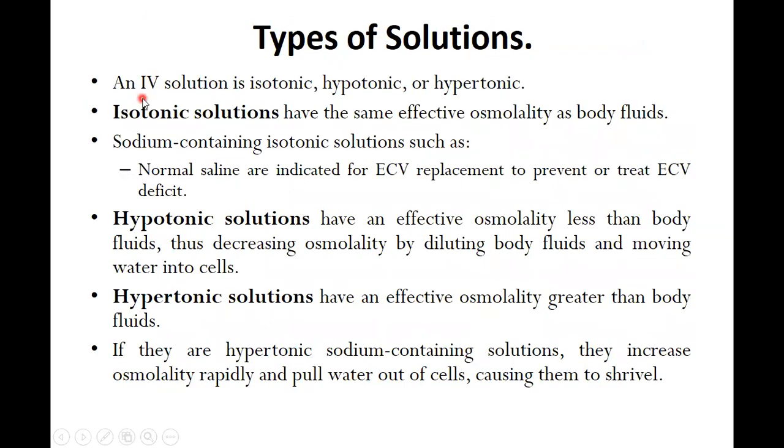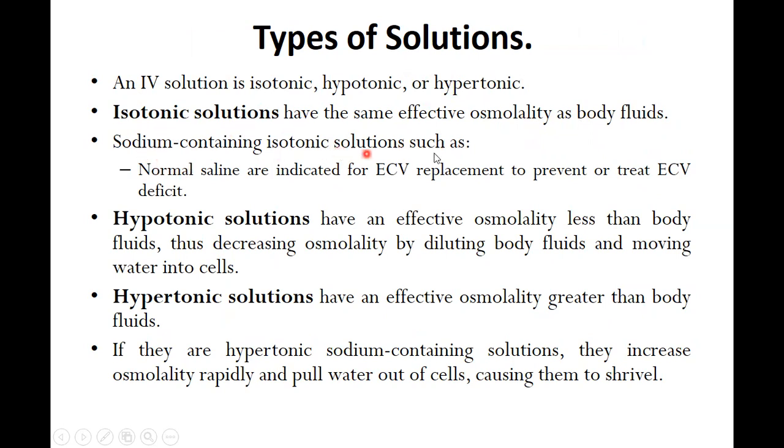Now let us describe the types of fluids. These will be easy because we had already described isotonic, hypotonic, and hypertonic. So an IV solution is either isotonic, hypotonic, or hypertonic. Isotonic solutions have the same effective osmolality as body fluids. Iso means same.